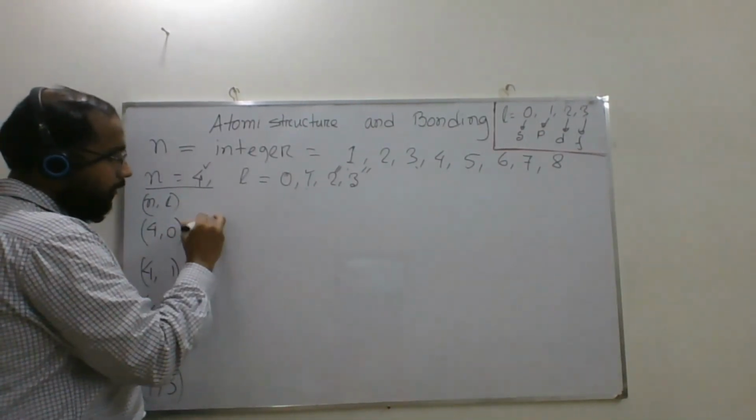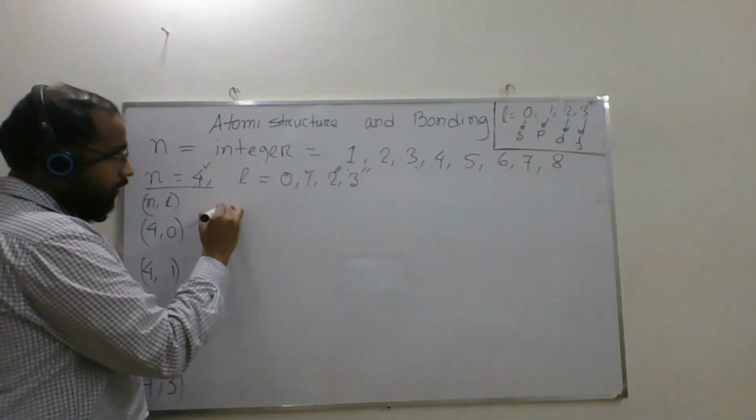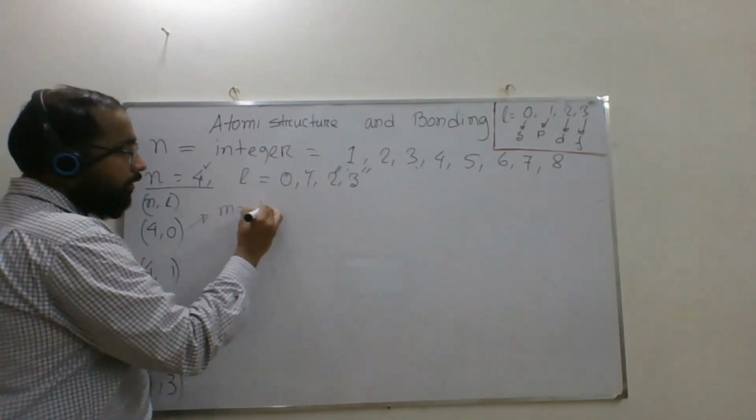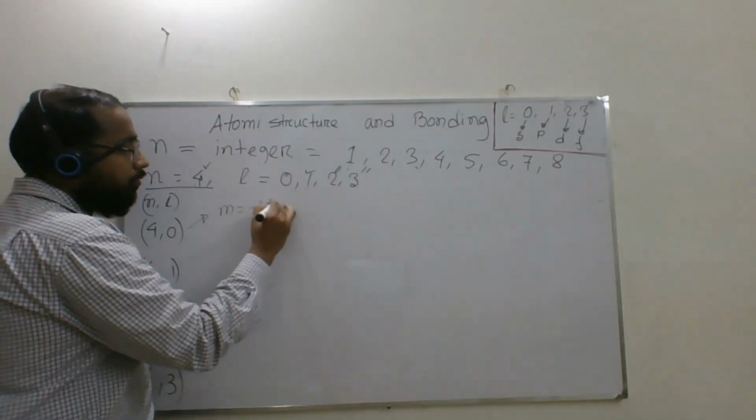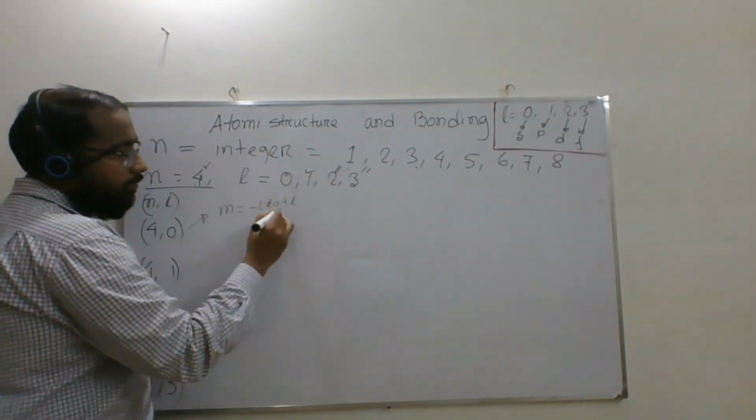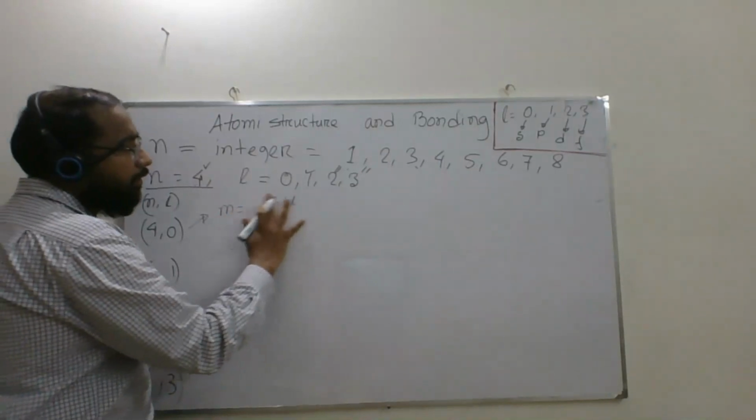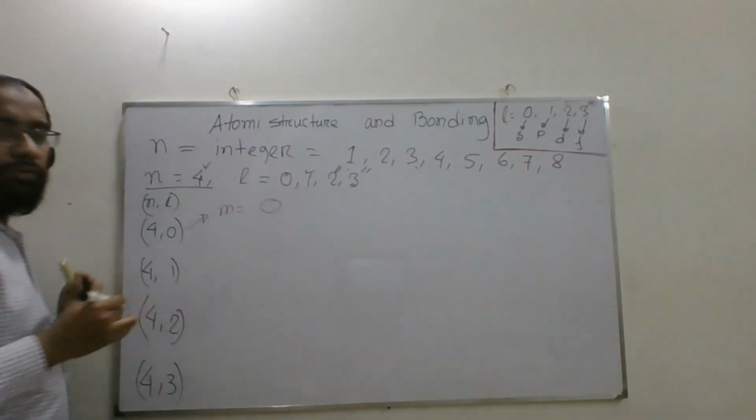if you consider this set, m equal to -l to +l. So 0 means 0. Everything is 0, so it is only 0.